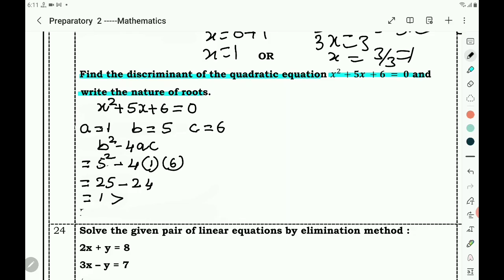1 is greater than 0. So you got b square minus 4ac greater than 0. Therefore, roots are real and distinct. As b square minus 4ac is greater than 0, roots are real and distinct.